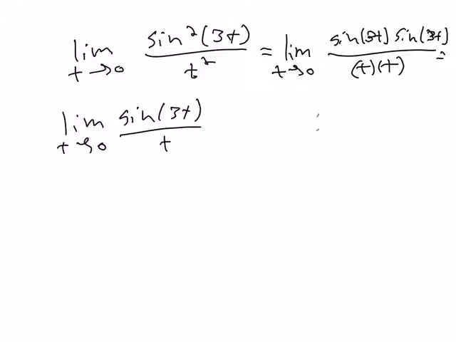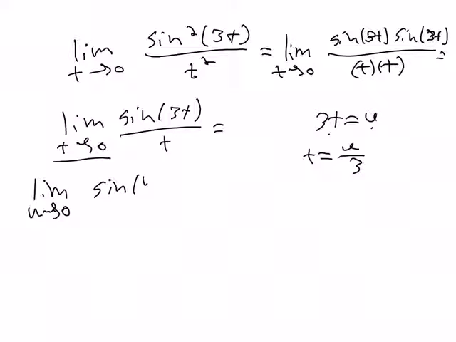So let's take 3t to be equal to u. Then t is equal to u over 3. So we can rewrite this in terms of u as the limit as u goes to 0, right? Because if t is going to 0, then u, which is just 3t, is also going to 0. And then this is going to be sine of u over u over 3.